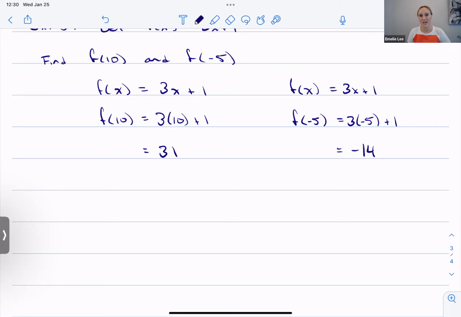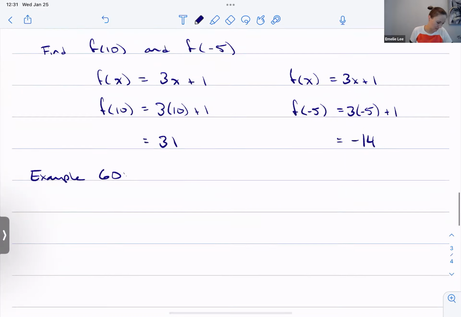Let's do an example with a profit function. We haven't seen a profit function, but we suspect that's why we're here in business math, right? We're going to be talking about profit, but also how do we manipulate a profit function, that kind of thing.